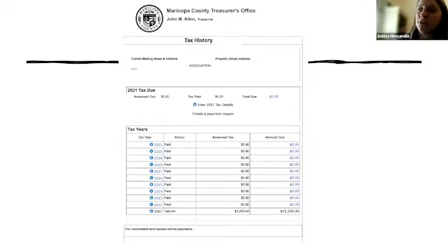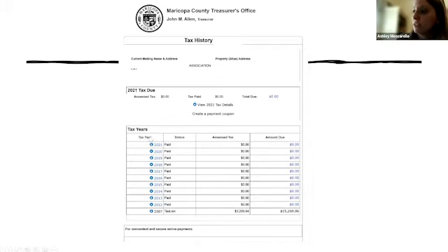The first half is considered delinquent if not paid by November 1st of that year. So for 2021, those first half taxes were delinquent by November 1st, 2021. We're kind of in that period right now for the second half of the 2021 taxes, even though it's 2022. And those will be delinquent if not paid by May 1st. So that's coming up. But this particular example, they owe nothing for the 2021 taxes, probably because they just paid the whole year last year.